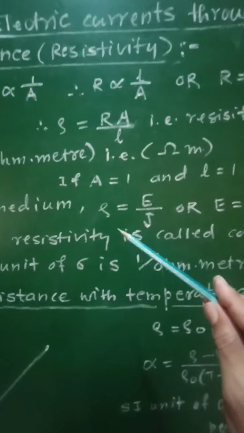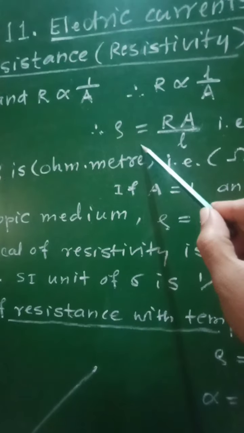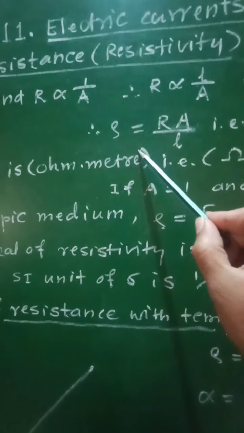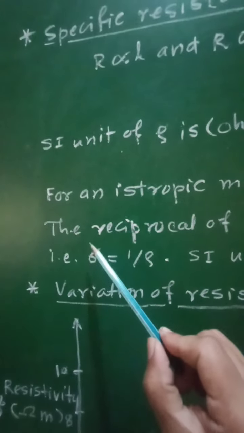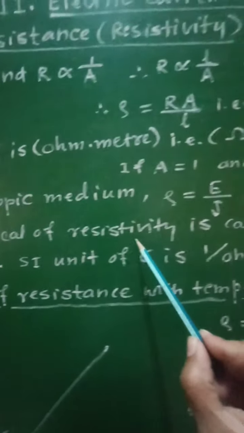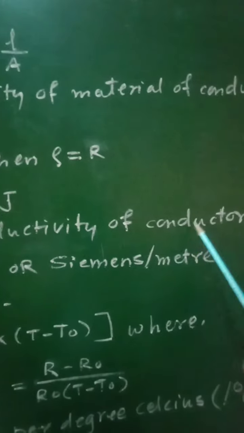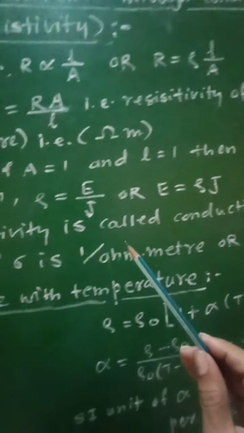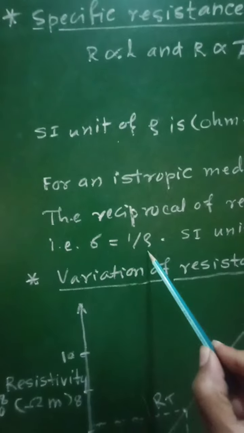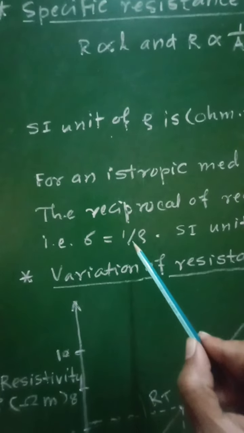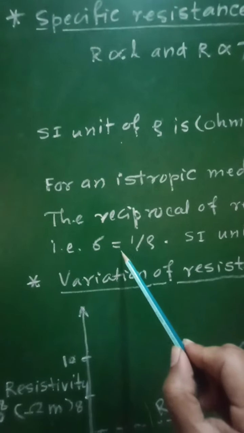Now the reciprocal of this specific resistance or resistivity is called conductivity of that conductor, and therefore we can write sigma equal to 1 by rho, where sigma represents the conductivity of that material.